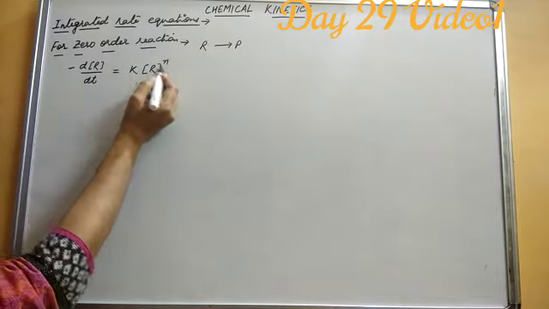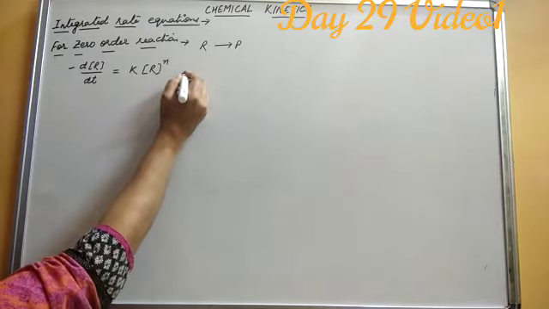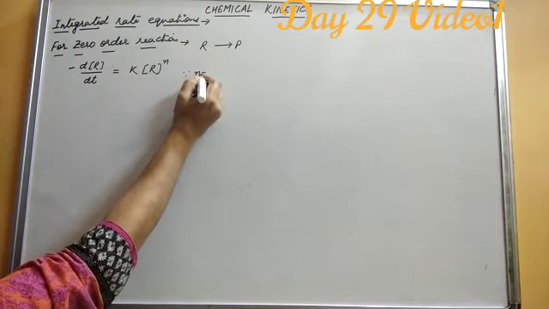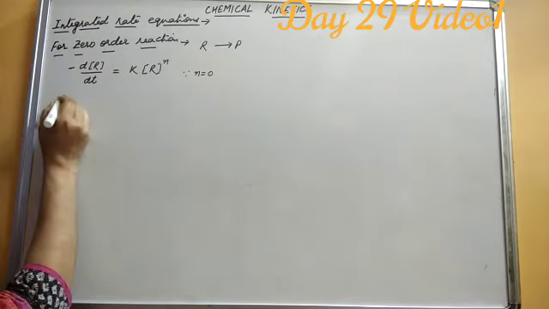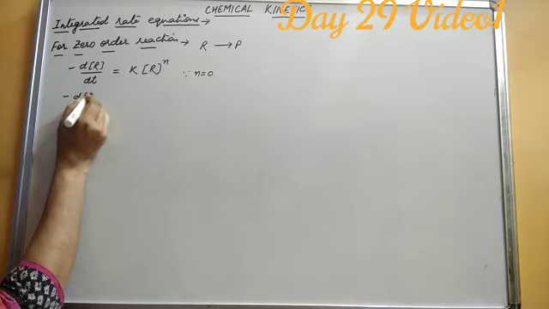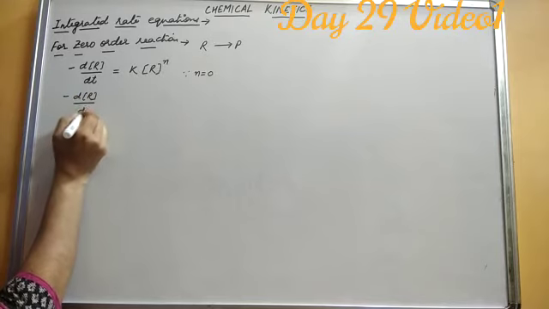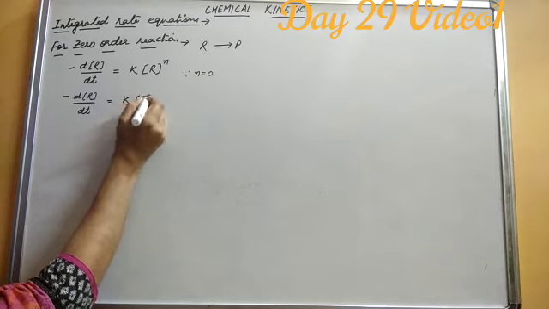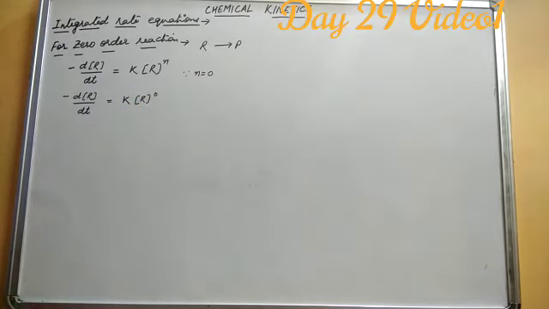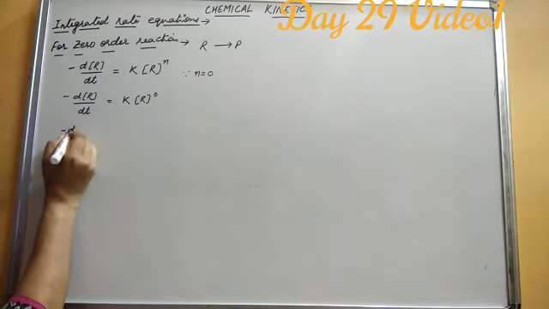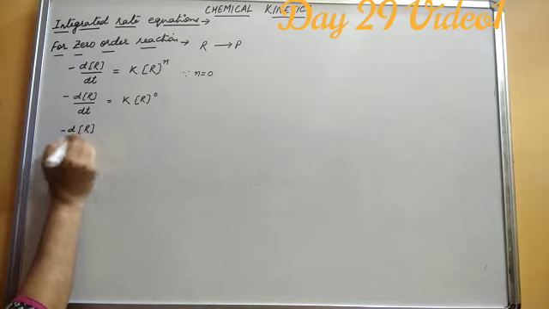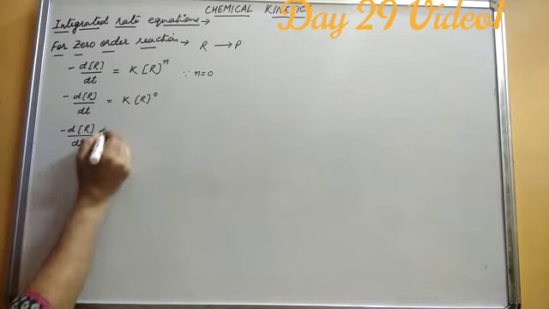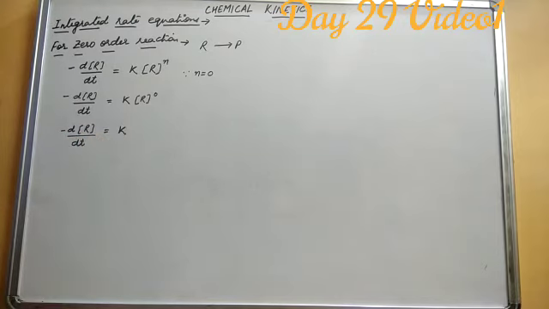Now here, since the order is 0, n will be equal to 0. So we write this equation, minus dR by dt equal to k R to the power 0, that is equal to 1. So the equation will be minus dR by dt equal to k.